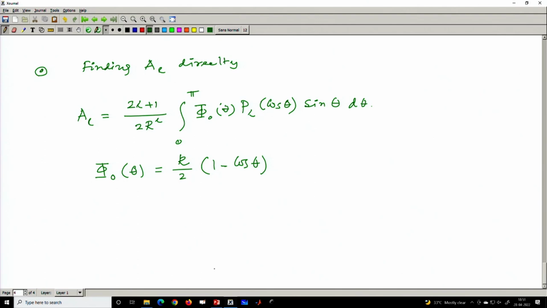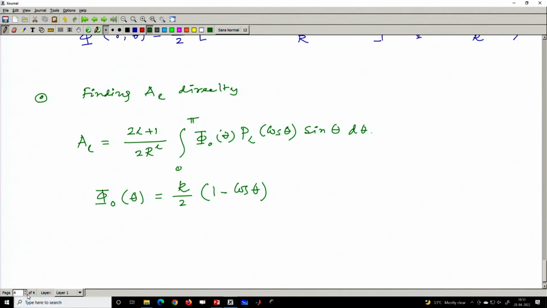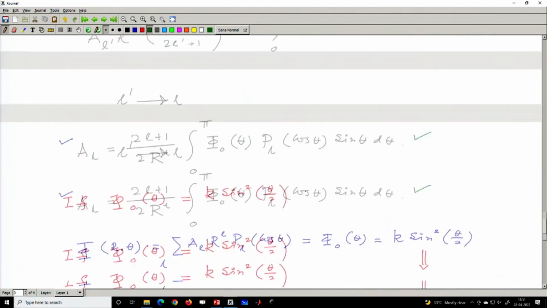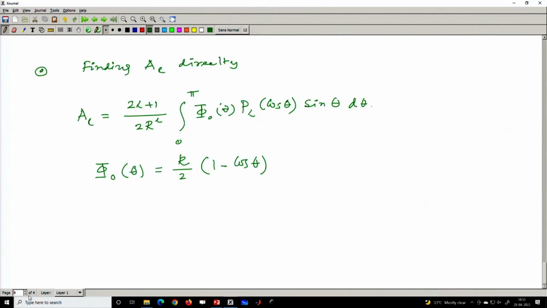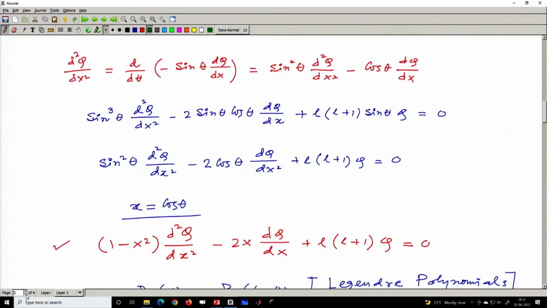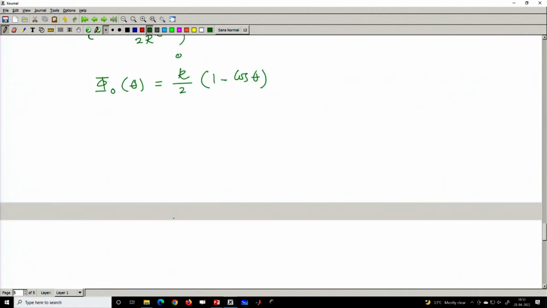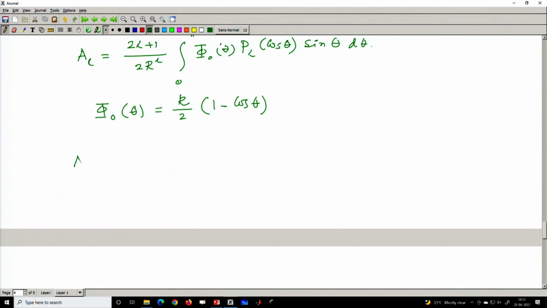So, what is my A0 then? When I put L equal to 0, it should be half integration 0 to pi of k divided by 2 times 1 minus cos theta, and P0 is 1.